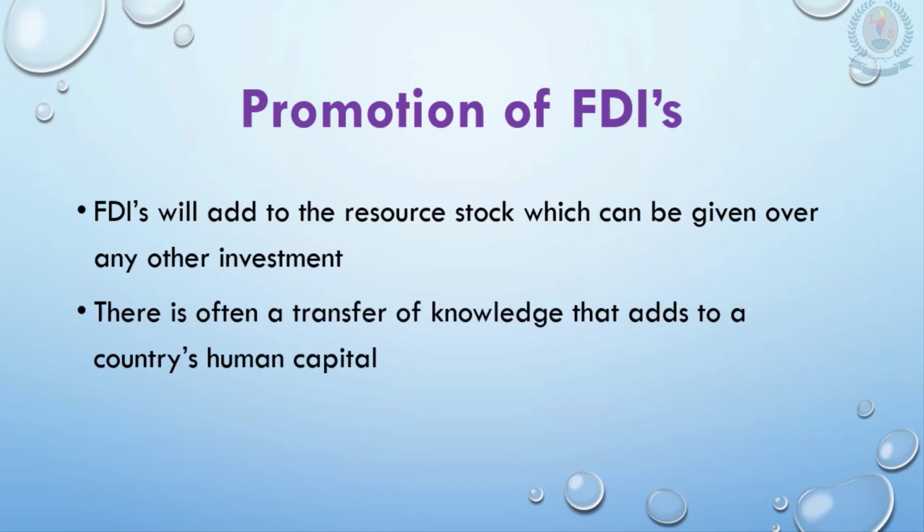There is often a transfer of knowledge that adds to a country's human capital. With the movement of FDIs, we have learnt in detail in the previous videos that foreign direct investments bring a large share of knowledge and technology to the country. So, when the knowledge and technology is transferred, the quality of the human capital will obviously increase, leading to higher production potential in the future.